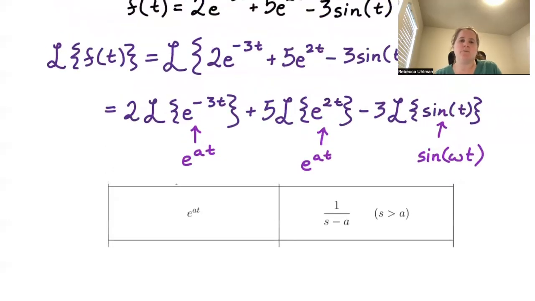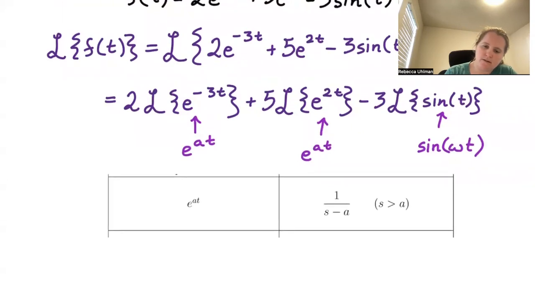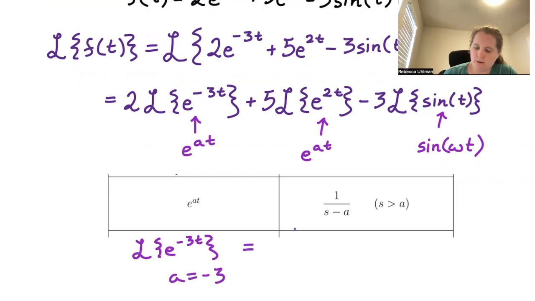Working through that first one, the Laplace transform of e to the negative 3t, we are just setting a equal to negative 3. So this Laplace transform should just be equal to 1 over s minus negative 3, defined for s greater than negative 3.